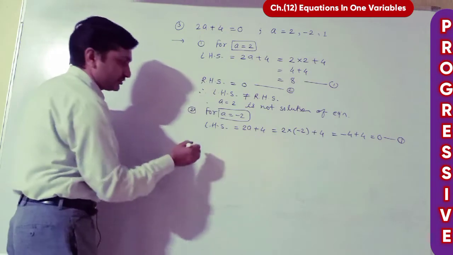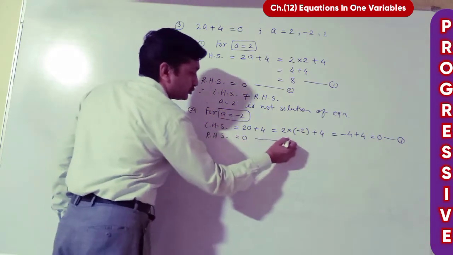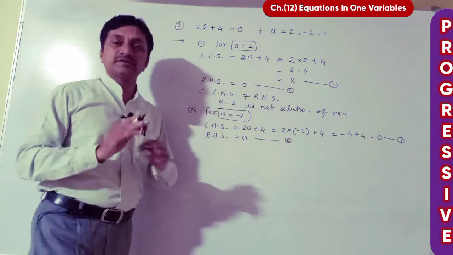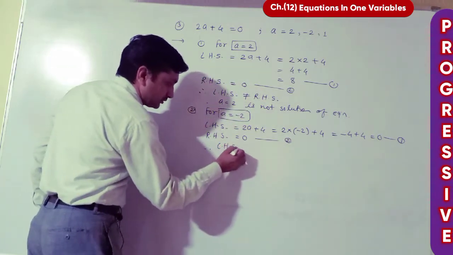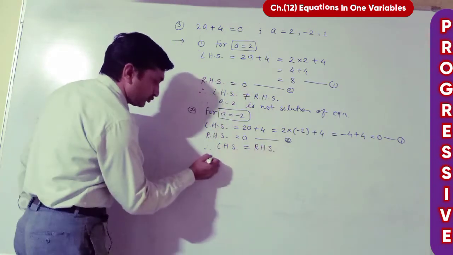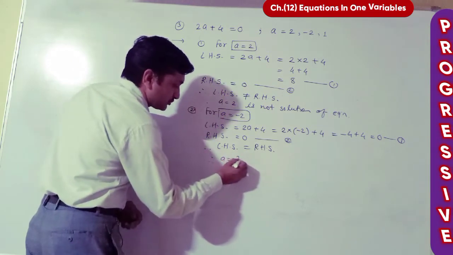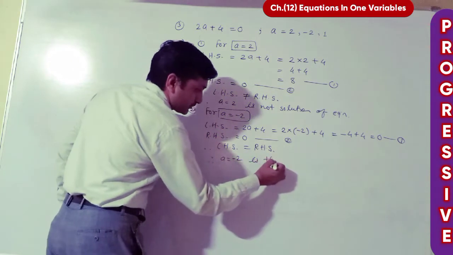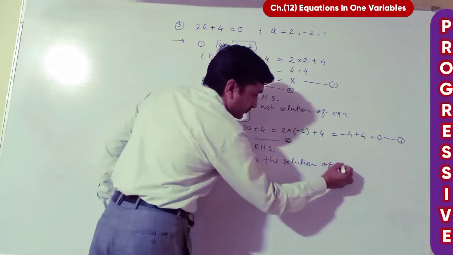Means for LHS we got 0. RHS is equal to 0. Number 2. Now for second, LHS, RHS both are equal. Therefore LHS is equal to RHS, and as both sides are equal, we can say a is equal to minus 2 is the solution of the equation.